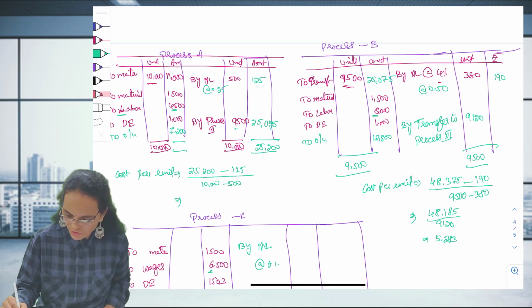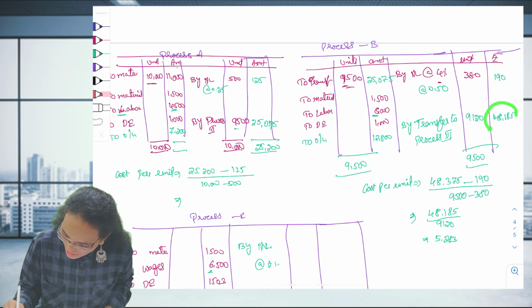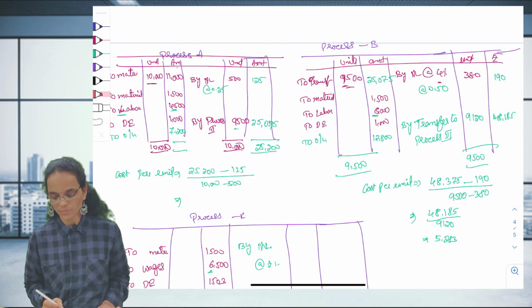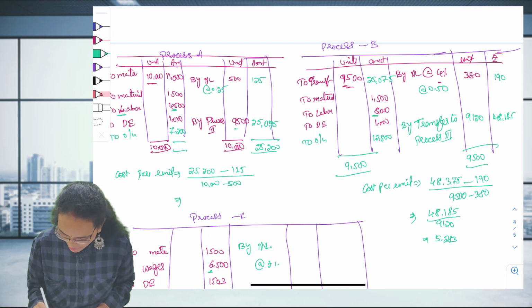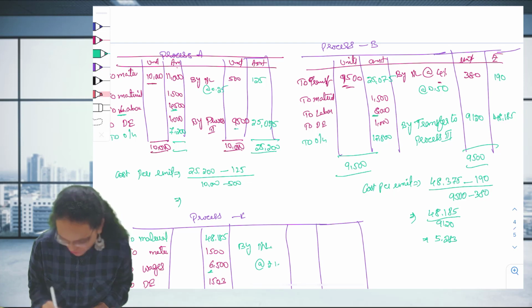That is 48,185, the right answer. See, this one is the cost to the process 3. Right? 48,185. This is the material transfer from process 2.